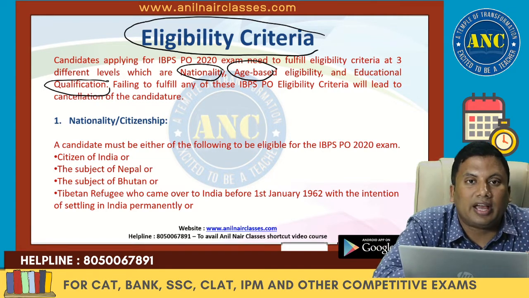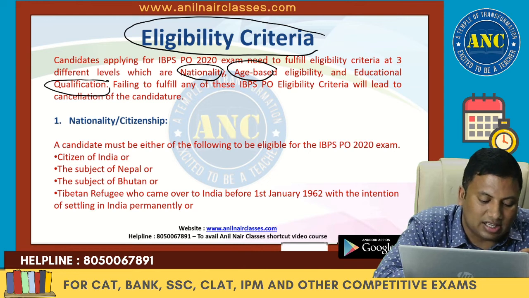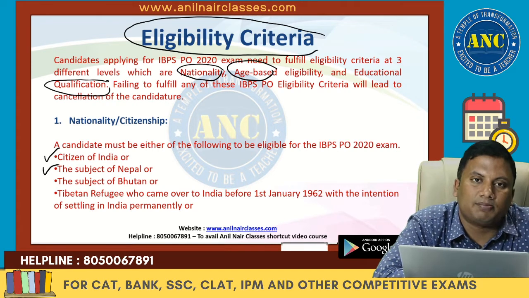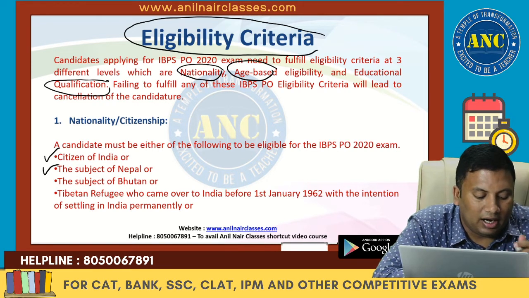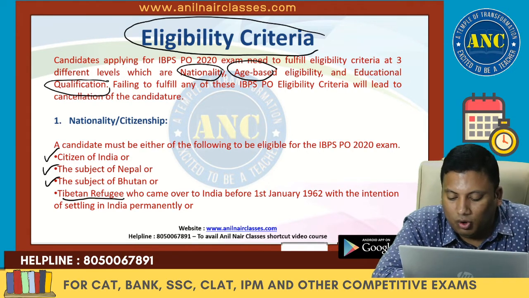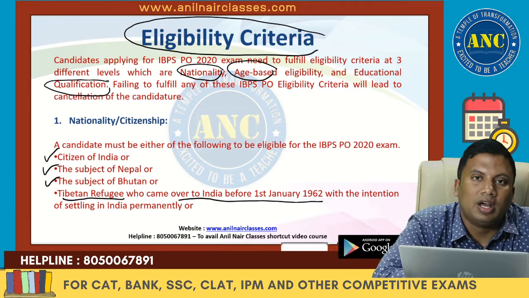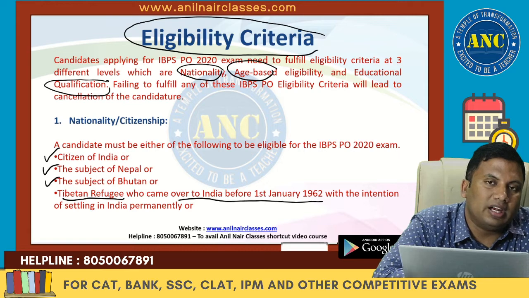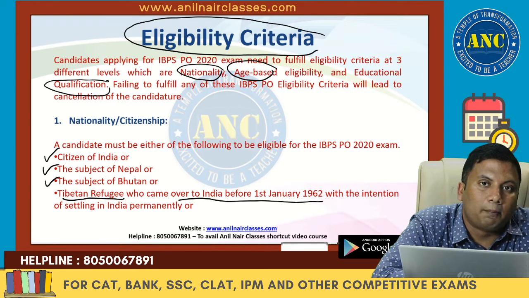The following candidates are eligible to write this examination. The candidate should be a citizen of India, or a subject of Nepal, or a subject of Bhutan, or a refugee from Tibet who came to India before 1st January 1962 with the only intention of settling in India permanently.